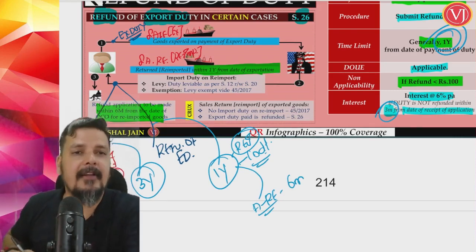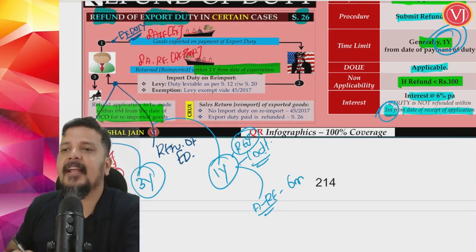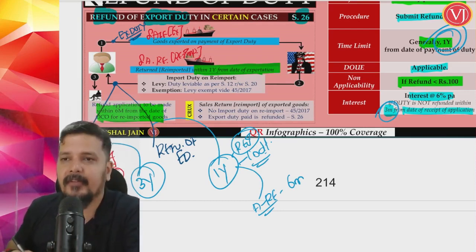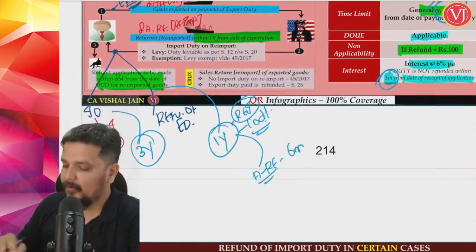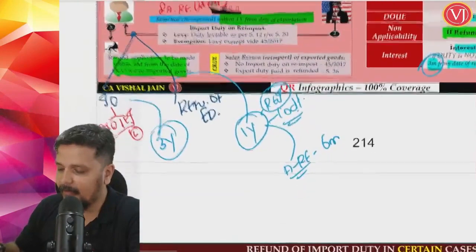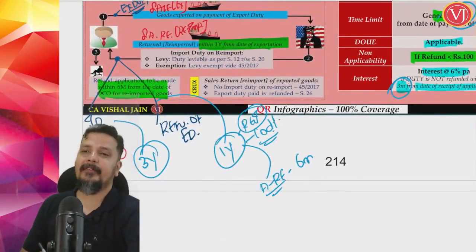Normally the refund time limit is 1 year from a logical date, but for special refund the time limit is half, 6 months. So that is this entire understanding. It is linked with your levy: sale and sale return, export and re-import.